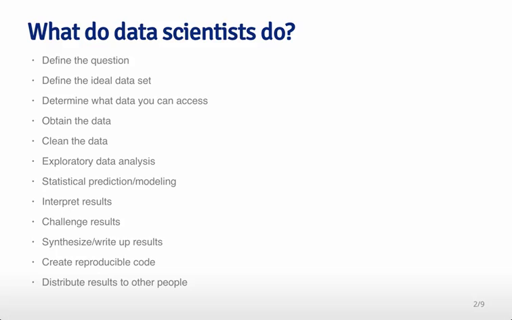Then ways that you can go out and actually obtain the data, whether it's from a database or from a website, cleaning the data up so that it can be processed and analyzed, performing some sort of exploratory analysis, including making plots and clustering so that you can identify patterns that you didn't know about beforehand in the data set, performing statistical prediction or modeling to try to build sort of an intuition about what's going to happen in the next sample you might take, interpreting your results and challenging them, then synthesizing them and writing them up in reproducible ways that can be shared with other people.